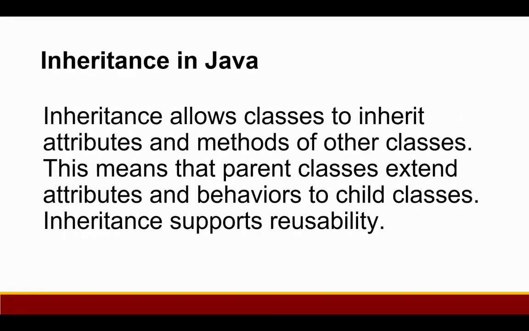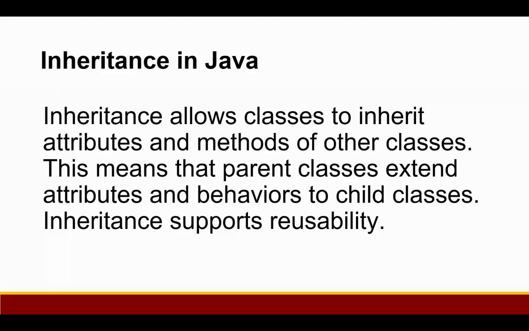This will mean that a child can reuse, extend, or modify the behavior defined in the parent class. Inheritance promotes code reusability and as well it helps to create a natural hierarchy of classes.